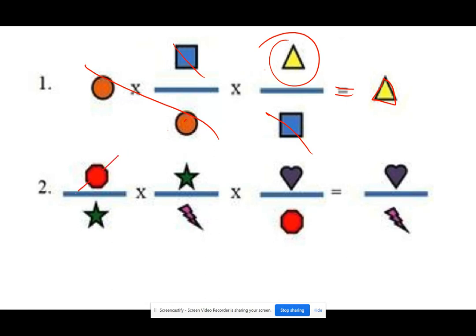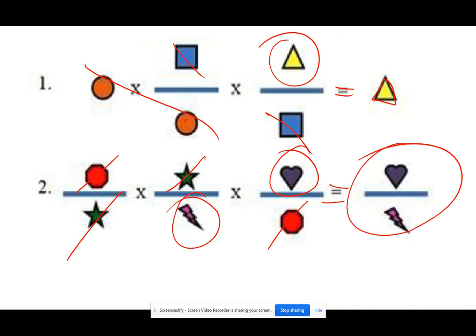Here we see that the octagon, or the stop sign, cancels out here and here. It doesn't matter that they're in different positions. One is on top and the other is on the bottom, so they still cancel out. Here, star and star cancel out. So all I have is heart on top, lightning bolt on bottom. So my final answer is heart on top and lightning bolt on bottom.